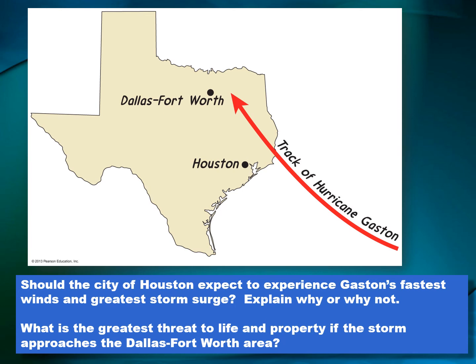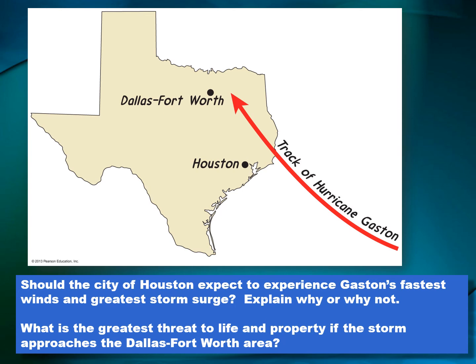All right, remember dividing your hurricane into 4 quadrants, okay? And remember that the northeast quadrant is the worst. So Houston, while they are close to where the eye wall is going to make landfall, they're on the southwest quadrant, so things are not going to be as bad for them. They won't experience the worst winds or the greatest storm surge.